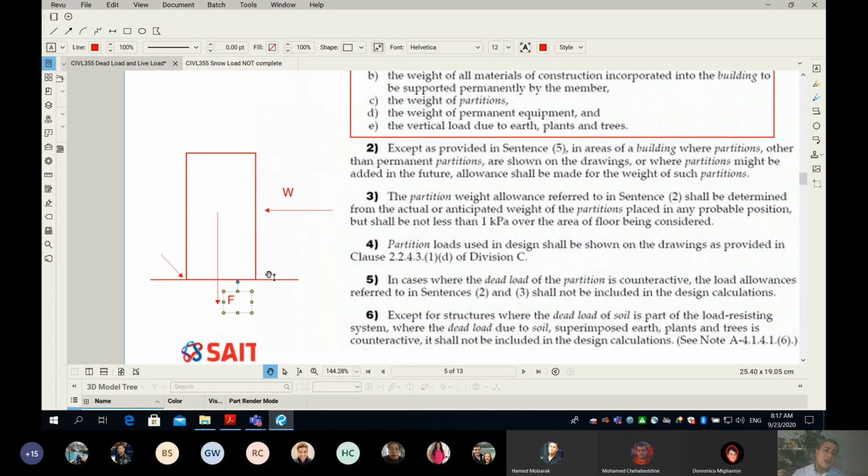When I study the stability of the building and try to see what can counteract the wind, obviously the dead load doesn't go anywhere, it stays, which means I can rely on this force to resist the wind load. Now, since we said the partition is part of the dead load, should I include the partition in the calculations of the force F?